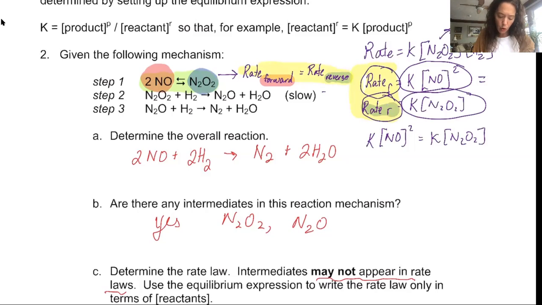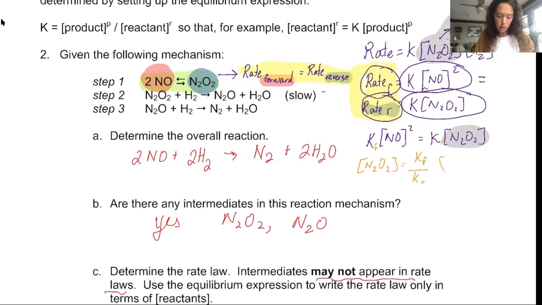Now remember, the goal was to redefine this because it was an intermediate and we don't want it in our rate law. So if I can rearrange this equation to solve for N2O2, then I can plug that in. So let's do some algebra.